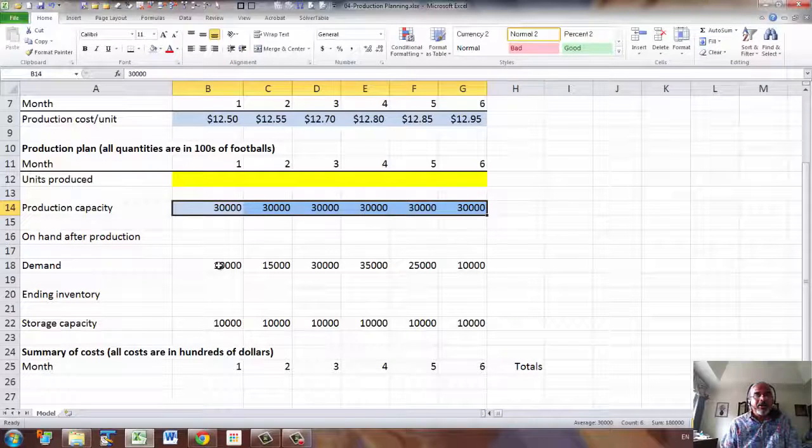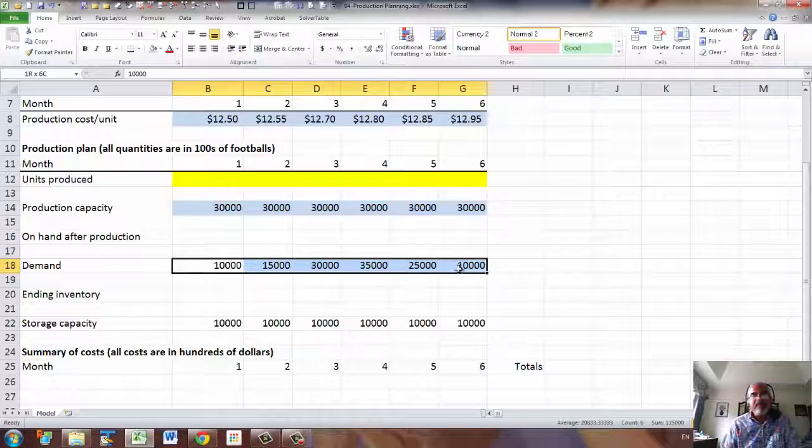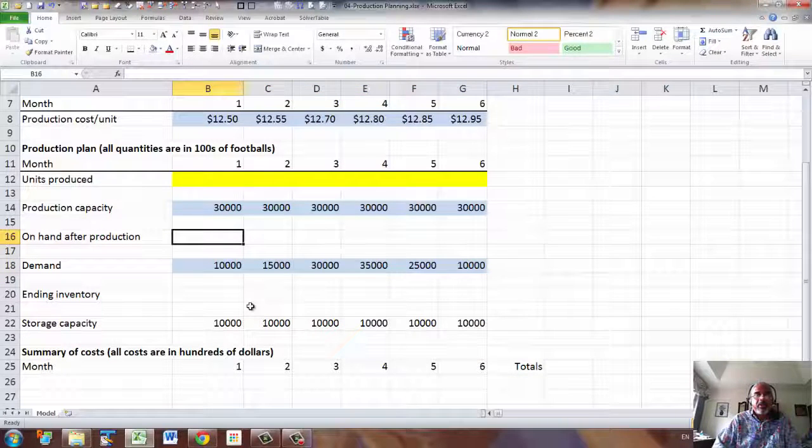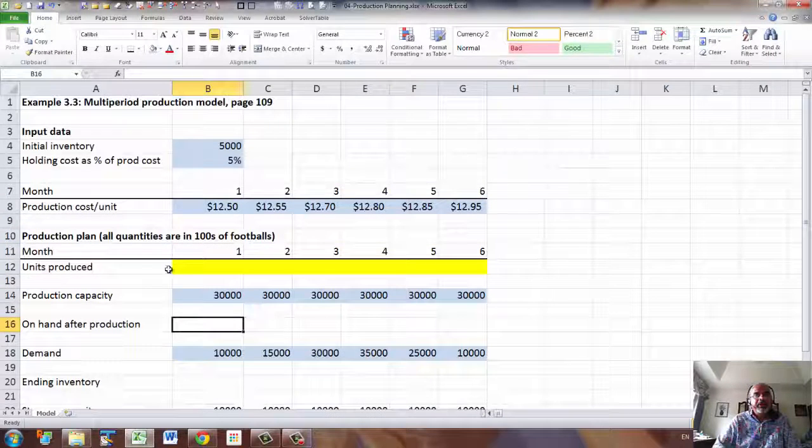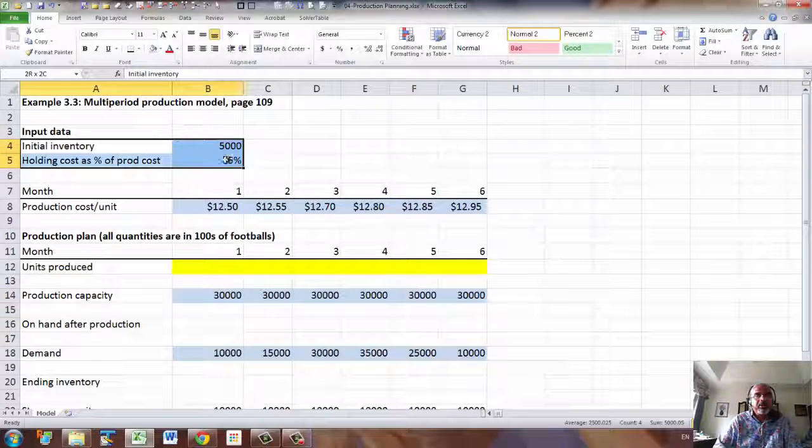Okay. And then we have demand. We have to meet this demand. So that's given again. Now on hand after production is, for the first month, okay, let's give names here.